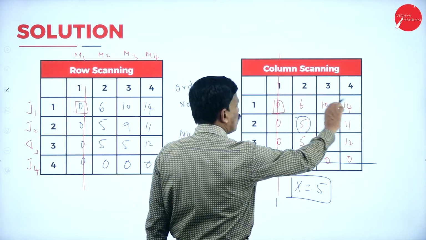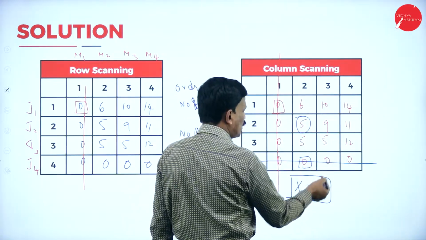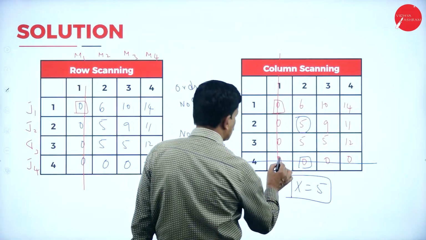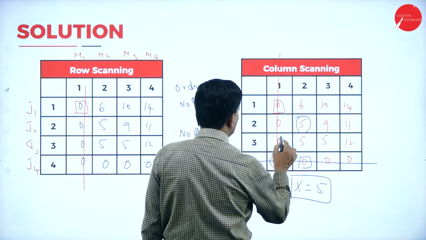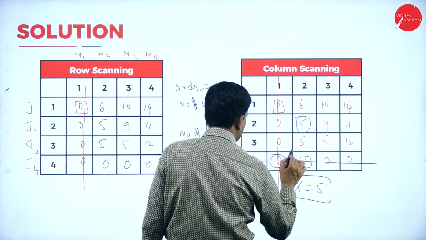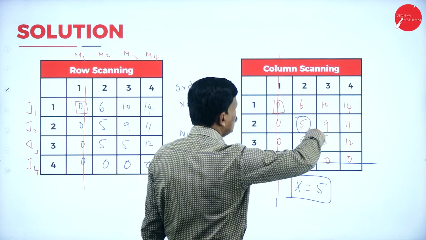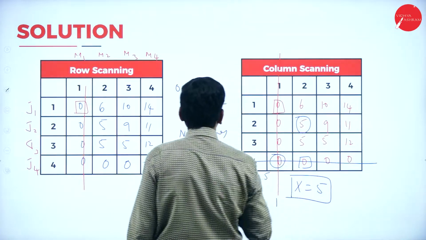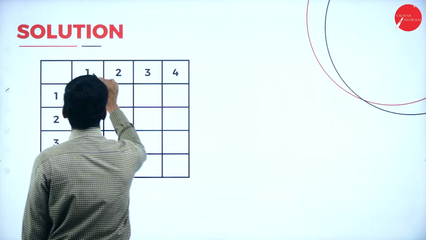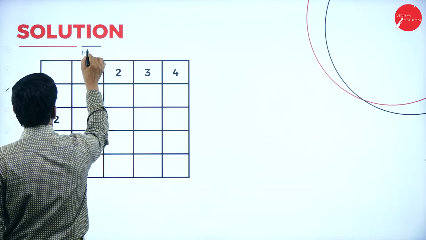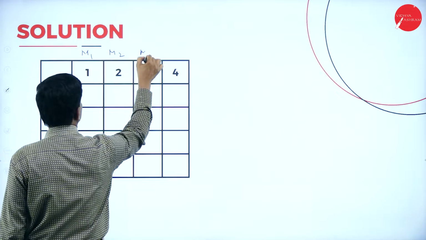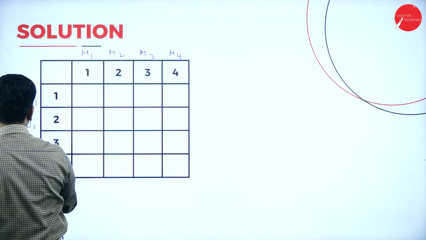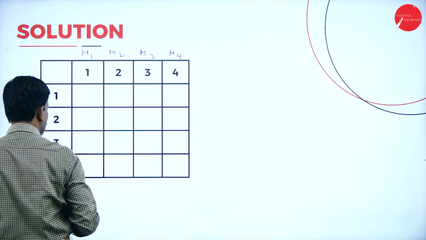Now subtract 5 from all the uncovered values, and at the intersection of the lines we are going to add 5, and the remaining values stay the same. Now let me write the matrix. The next will be like this: M1, M2, M3, M4, J1, J2, J3 and J4.